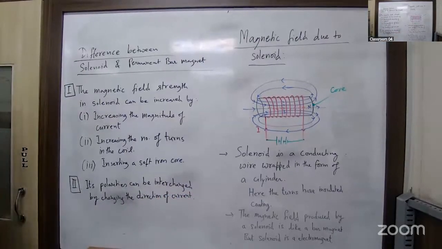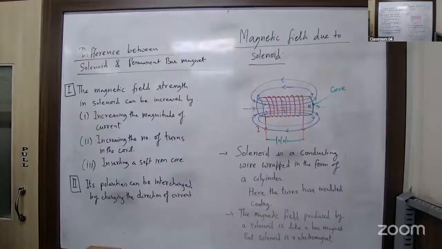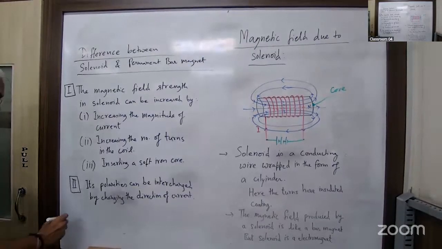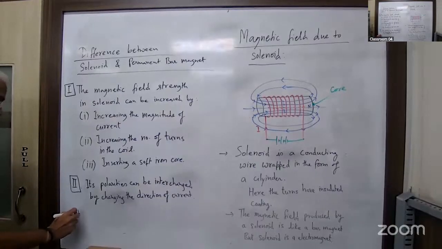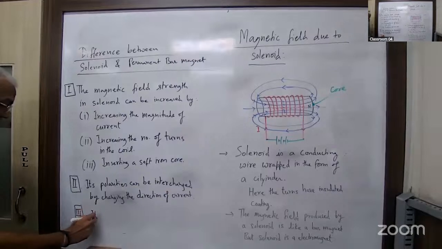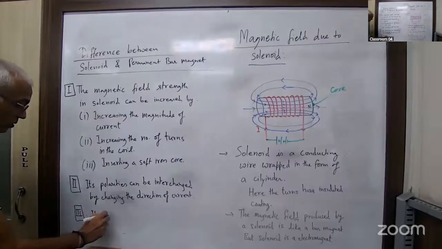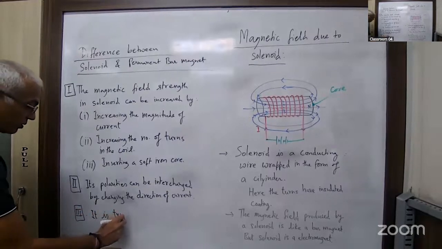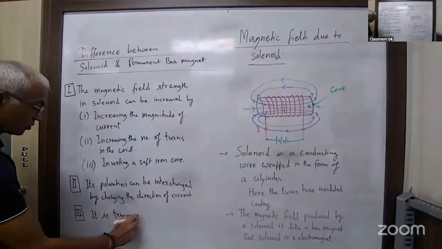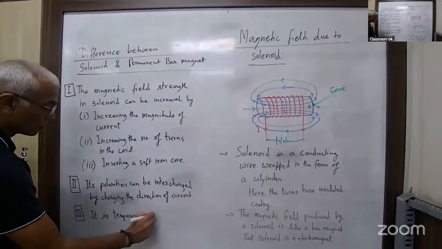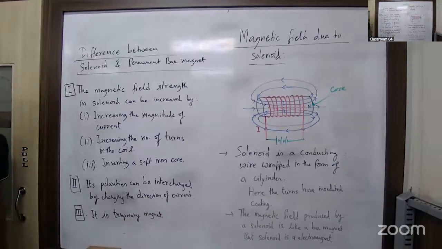The polarities of the electromagnet can be changed by changing the direction of current. Third, it is a temporary magnet. It is a temporary magnet.